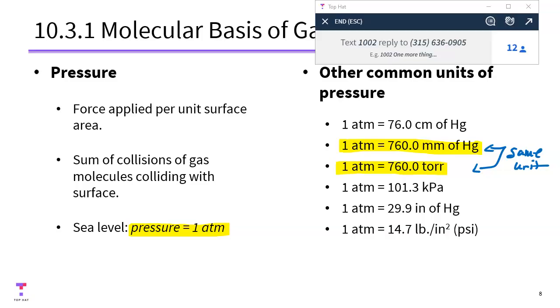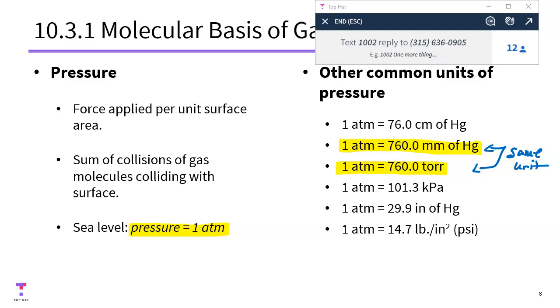Sometime later, not sure how much later, the unit of millimeter of mercury was renamed in Torricelli's honor as the torr. And the millimeter of mercury was used because that was the unit he used on his barometer. So they are the same unit. The use of torr to describe it came significantly later as a kind of historical homage to his contribution to the field.